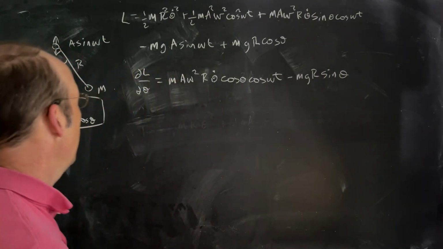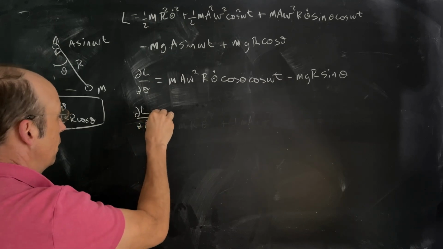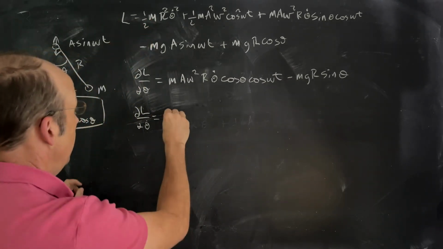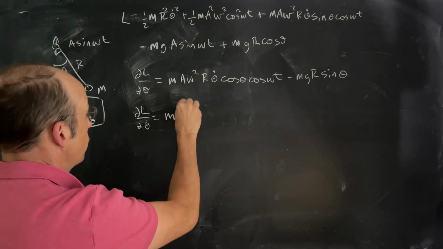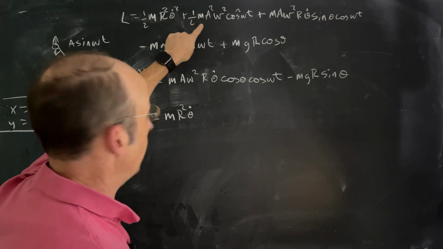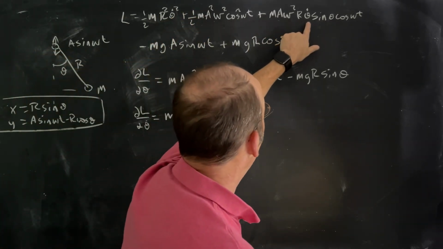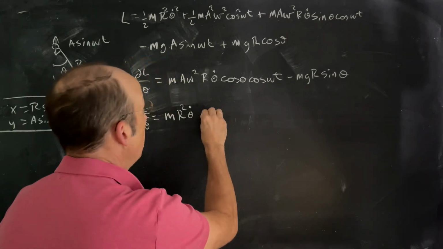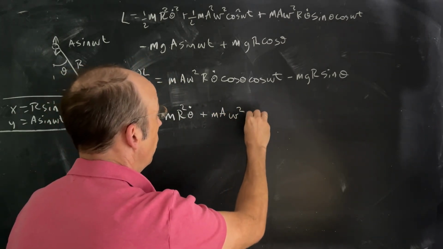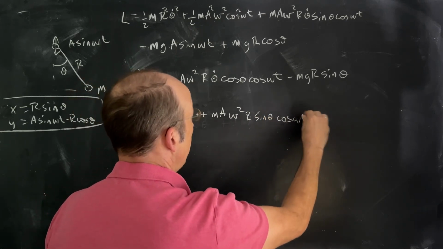Okay. Now let's take the partial of L with respect to theta dot. Okay, we got more terms here. There's one. So I get m r squared theta dot. I'm scanning for theta dots. There's one. Okay, that one's pretty easy, so I just get plus m a omega squared r sine theta cosine omega t.